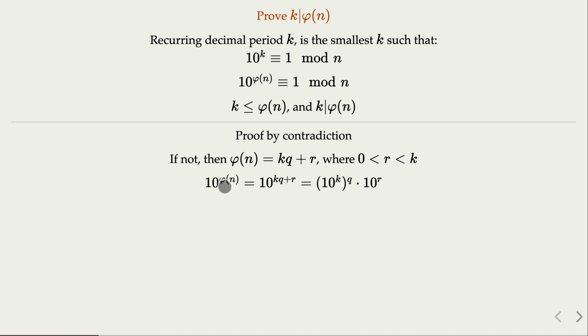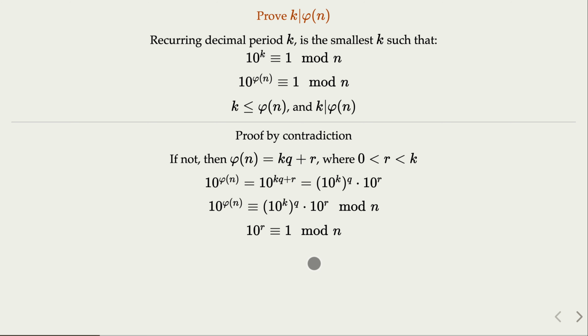So what do we conclude? In that case, 10 to the r has to be congruent to 1 mod n. But then that means r is an even smaller number than k that is congruent to 1. But we claim that k is the smallest integer. So this would be a contradiction, because r cannot be smaller than k, since we assume k is the smallest integer that satisfies this equation here.